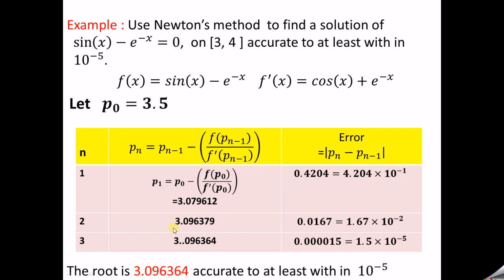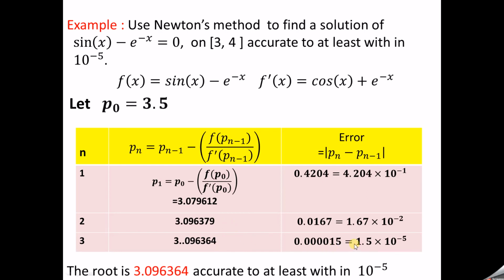You will get the next approximation, 3.096379. And after getting P2, we go to P3. So we got P1, P2, P3, and if you look at the errors, error is nothing but the difference between successive approximations. So P1 minus P naught will be the first error. Next, P2 minus P1 is this error, and P3 minus P2 will be this error.